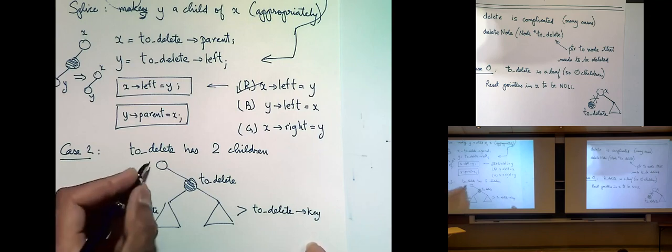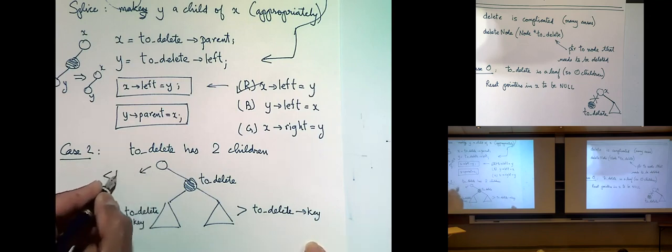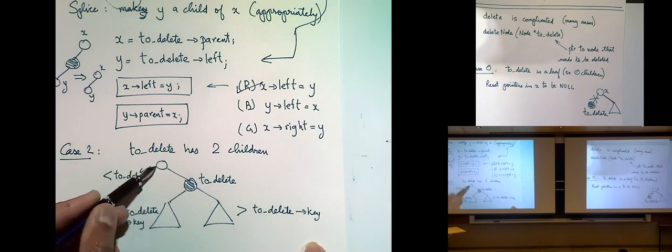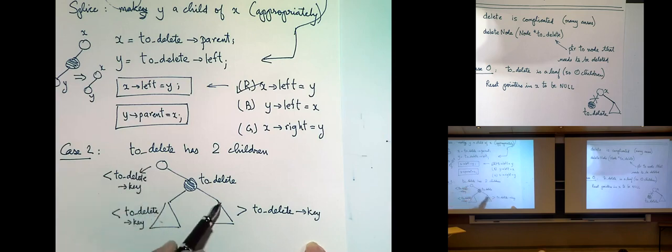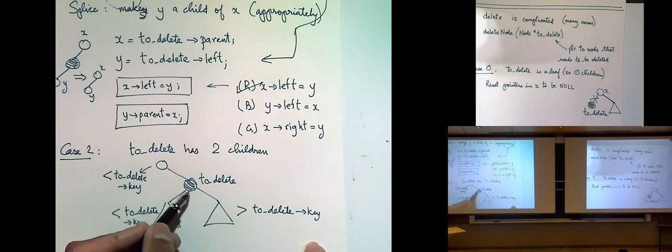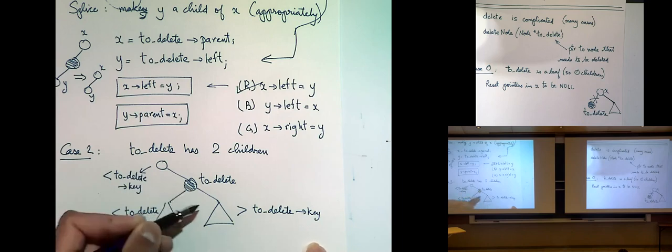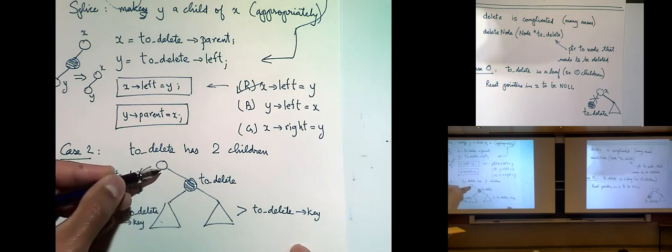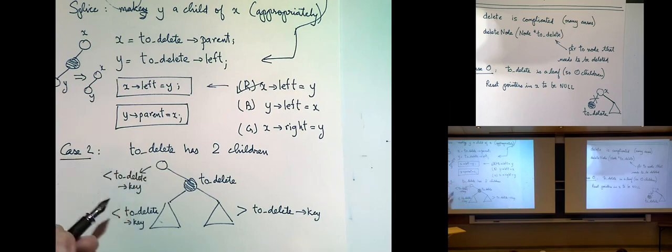So this is also less than 2 delete arrow key. So this is less, this is less, this is more. Right? And it seems like, if you remove this node out, who do you actually set to be the right child of that node? Right? Yeah?